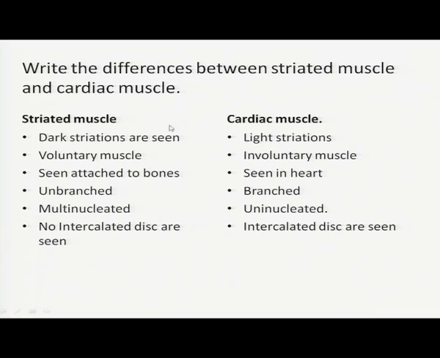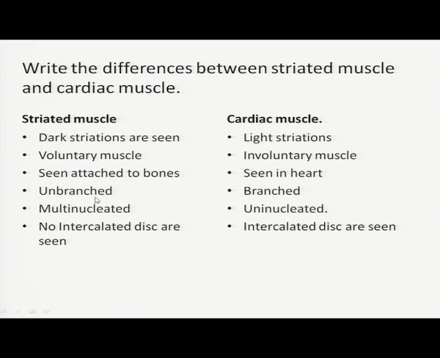Now, compare your cardiac muscle with striated muscle. How does striated muscle differ from cardiac muscle? Striated muscles have dark striations, cardiac muscles have light or faint striations. Striated muscle is voluntary, whereas cardiac muscle is involuntary. Striated muscles are attached to the skeleton or bones, and cardiac muscles are seen in the heart.